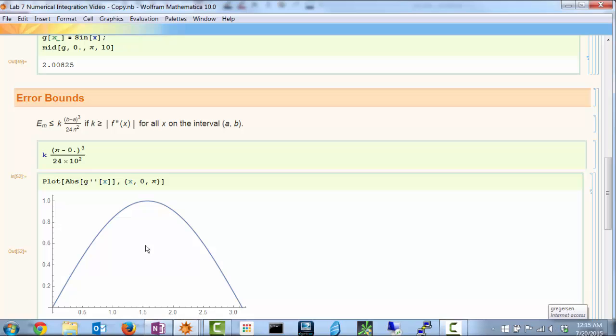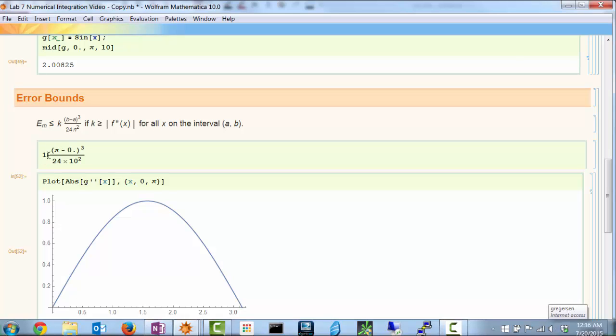Well, it looks like my second derivative has a maximum value of 1 that occurs at pi over 2. I saw that my second derivative was negative sine of x, and I know that that has a maximum value of magnitude of 1 at pi over 2. So I know that if I let k equal 1, it will be greater than or equal to any other value of the second derivative on this interval. So I'm going to let k equal 1.